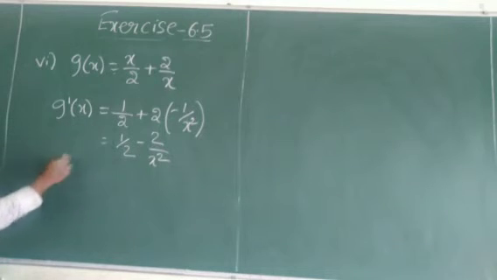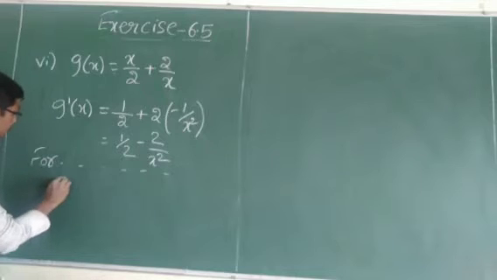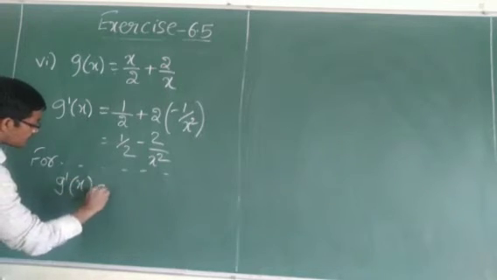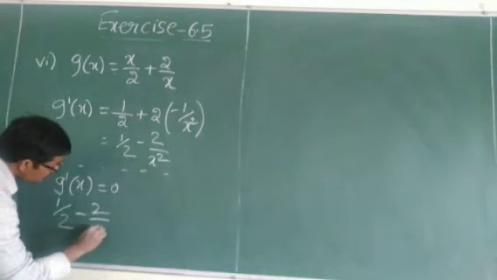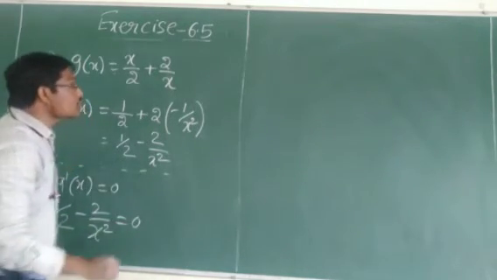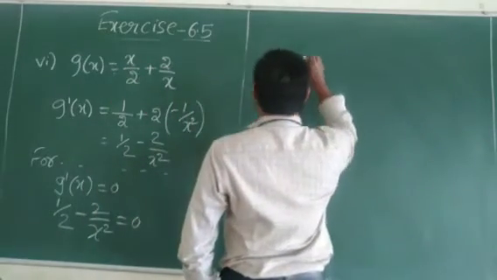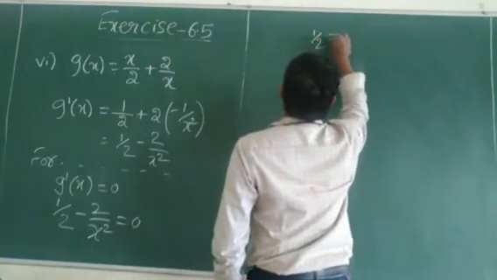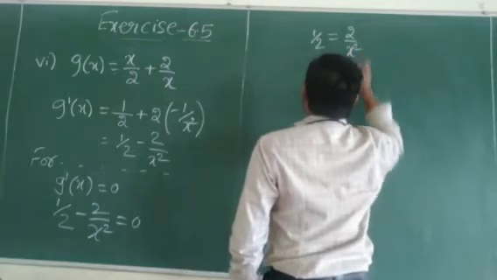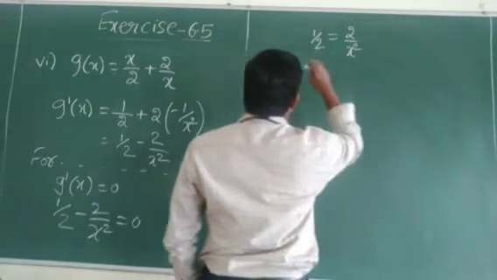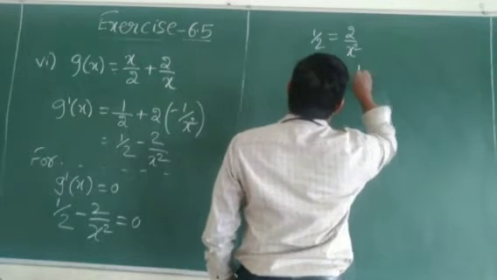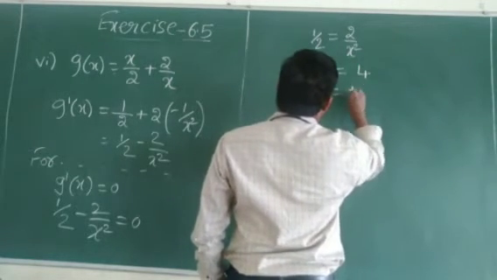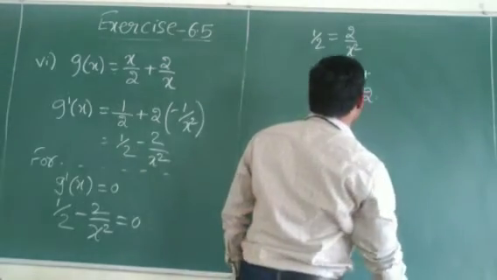Now again for maxima or minima, g dash of x equal to 0, that is 1 by 2 minus 2 by x square equal to 0. So 1 by 2 is equal to 2 by x square. We can cross multiply, we get x square is equal to 4. So x is equal to plus or minus 2.